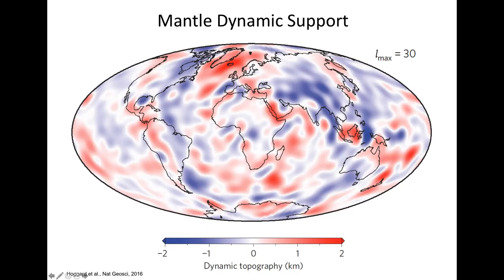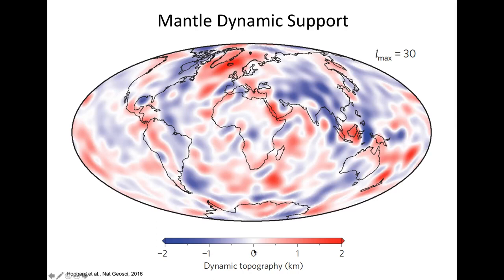And the second thing to point out is the scale here. It's labeled dynamic topography, and it goes from -2 kilometers to +2 kilometers. So the surface elevation effect that the mantle is causing at present is kilometer scale, the scale of mountain ranges caused by horizontal plate motions and tectonics.